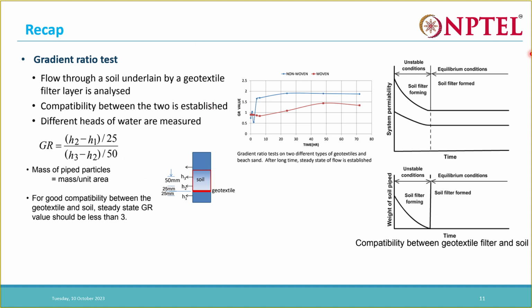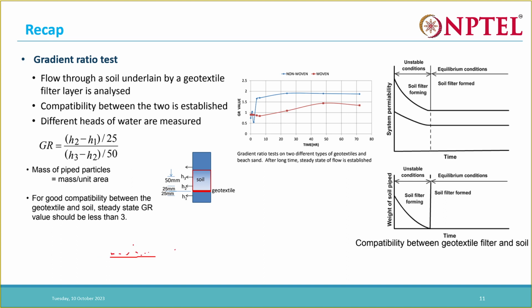Okay, this was discussed. So you can see here with time, initially what happens? Initially, the permeability of the system reduces. As there is soil filter formation, initially there is high permeability. After that, permeability will reduce a bit, and after the soil filter is formed, a separate filter is formed with the help of soil particles. Say we have a filter, and here we have soil.